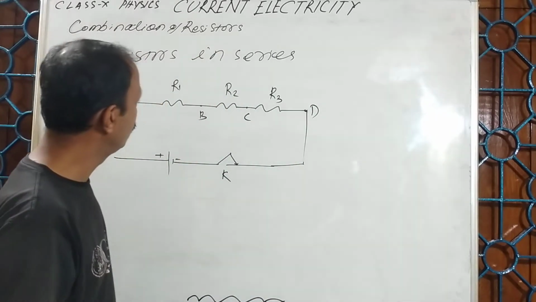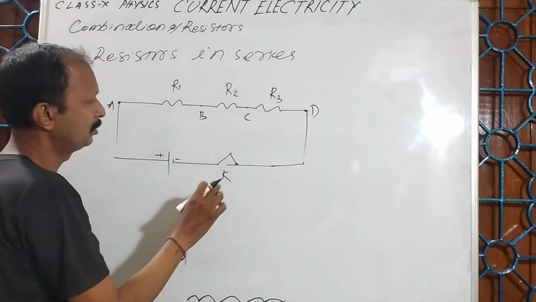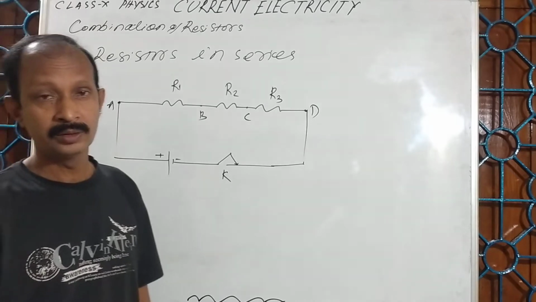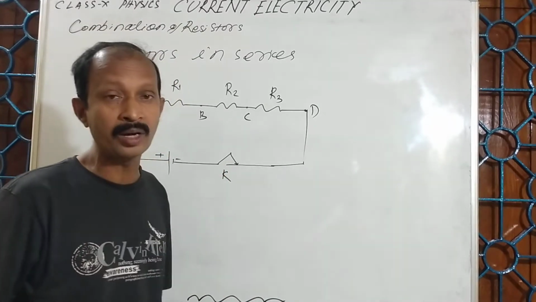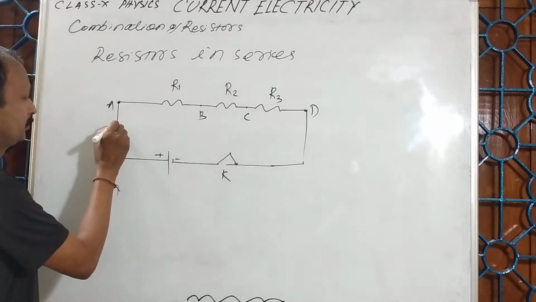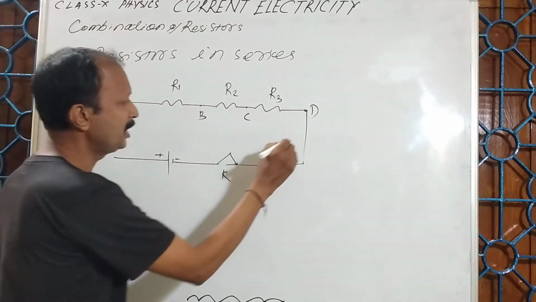So children, here there is a single path for the flow of current. When the circuit is on, the key is on, we are drawing the current. For example, we are drawing the current of I ampere from this circuit.